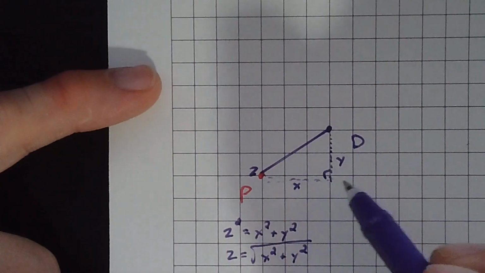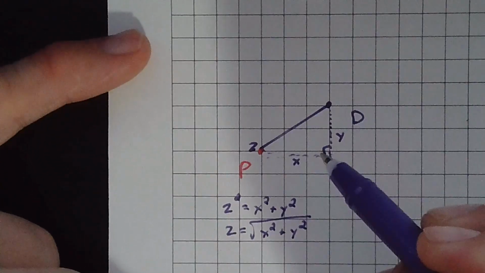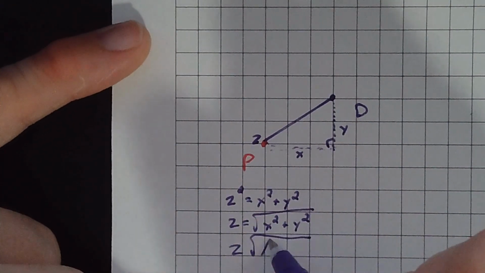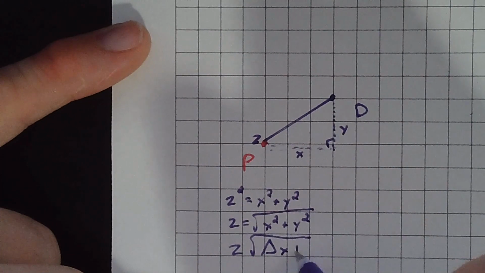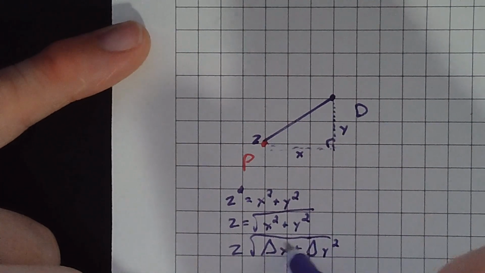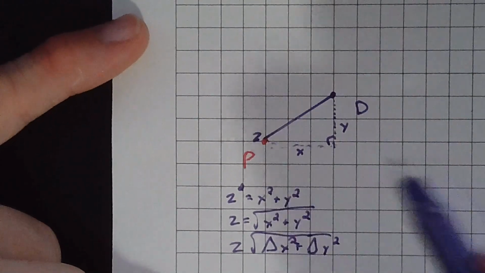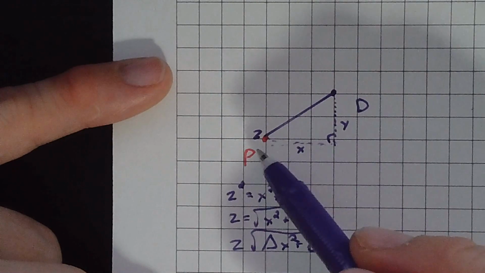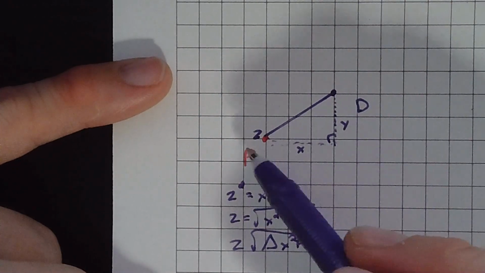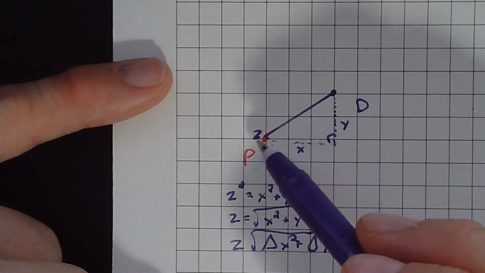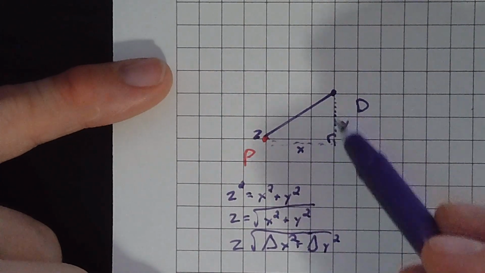More specifically, it's the square root of your change in x squared plus your change in y squared. So this was my change in x and my change in y between the 2 points. Okay, and when you have your change in x, your change in y, you just have to make sure you figure out your 2 points.